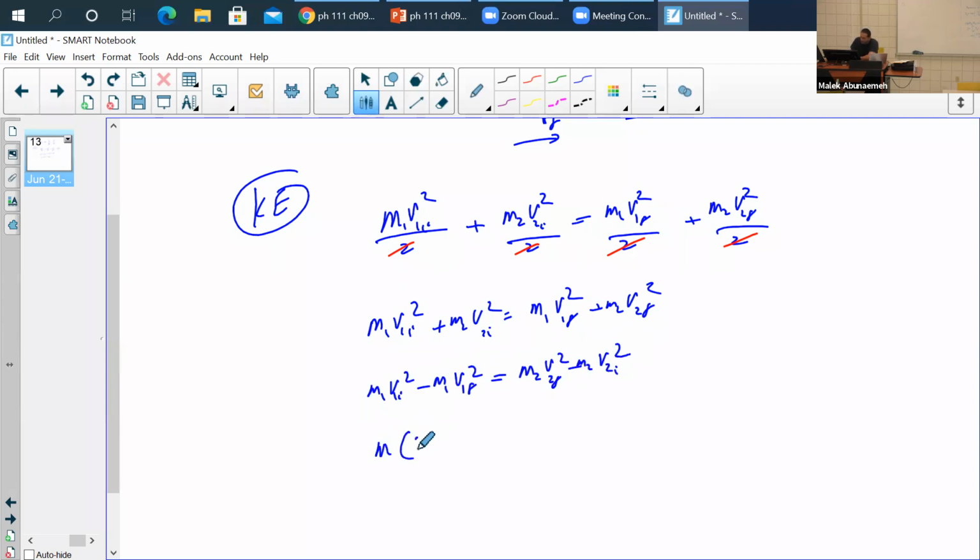Taking m1 as a factor, you get v1 initial squared minus v1 final squared is going to equal m2 times v2 final squared minus v2 initial squared. And again, using the property that we used a little while ago, where a squared minus b squared is going to equal a minus b multiplied by a plus b.